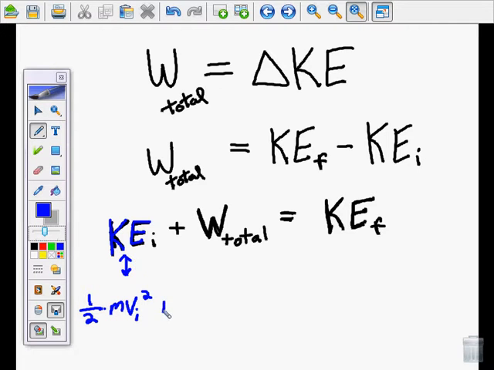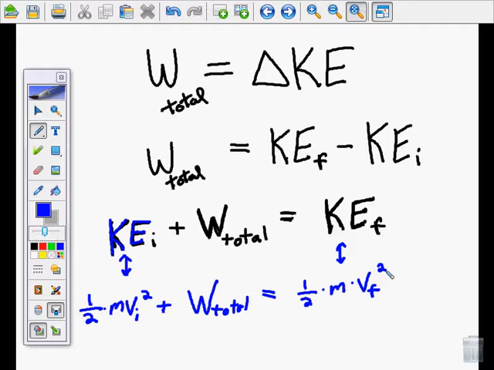And then if you add to that the total amount of work done, remember, the work done by all the forces acting on that particular object, that's going to equal the object's final kinetic energy. The final kinetic energy can also be calculated using that formula: 1/2 times the mass of the object times the final velocity squared.